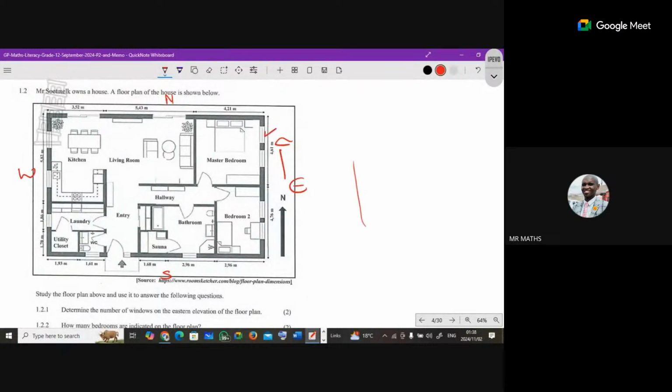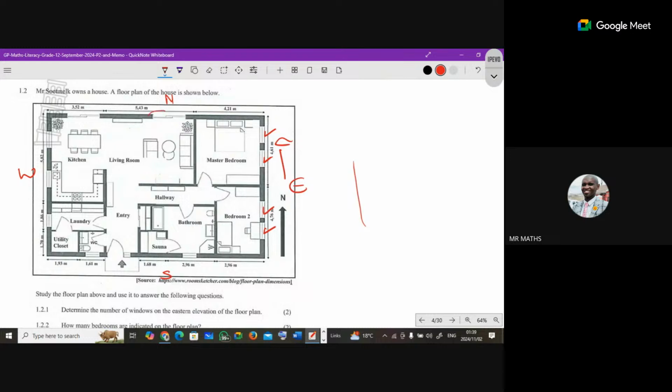There's 1, there's 2, there's 3, and there's 4. So we have 4 windows because we have dealt with a map, we have dealt with a floor plan. By now we already know the signs, the windows. They don't need to give us the key. Are we together? So we know that those are windows.